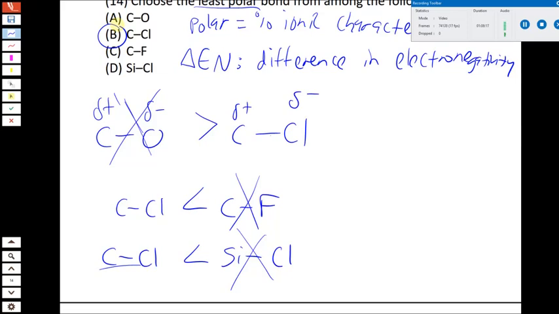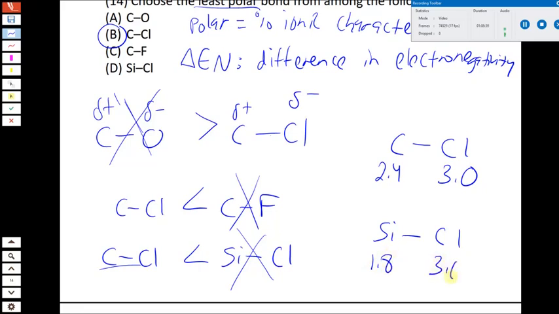One way that we will sometimes help you if it's not a straightforward comparison is we can give you electronegativity values. To illustrate how this difference in electronegativity works, I'll show them here. Again, I don't want you to memorize all of these. Chlorine has an electronegativity of 3.0, carbon is 2.4, so the difference is 0.6.